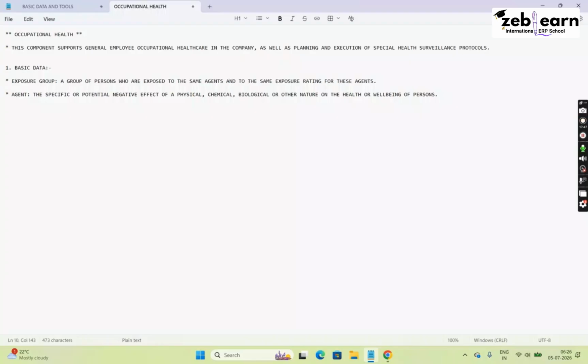Or maybe what other example can I give? Yeah, listening to loud music for a very long time. Though music is considered good, it's going to relax your mind. But just imagine if you are exposed to metallic sound, very high pitch music at a very high level for long hours.